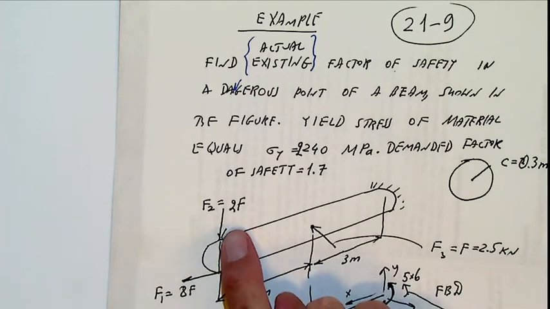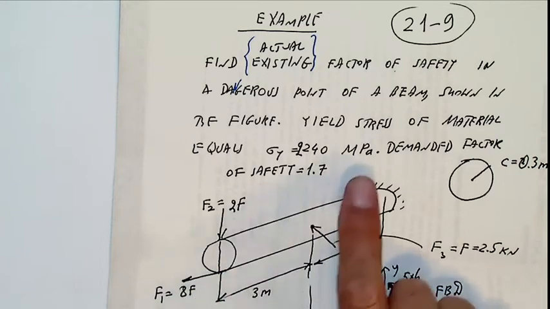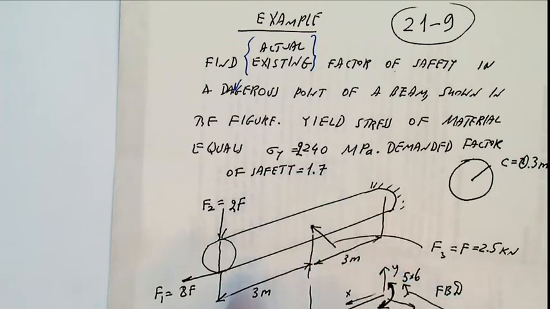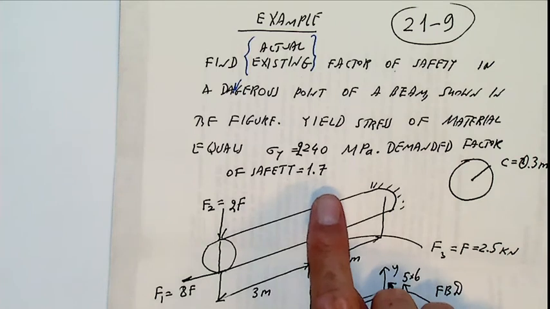There is this 2F here, a vertical force, and there is a horizontal force, but it is acting not centrally. Okay, 8F. Yield stress of the material: sigma y equals 2,240 megapascals. Demanded factor of safety equals 1.7.